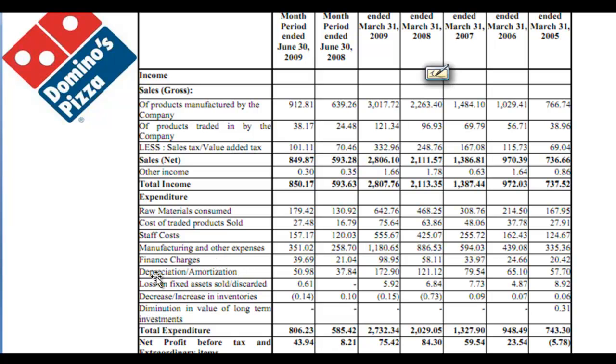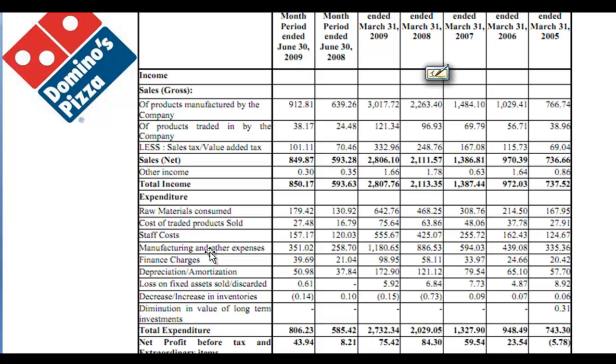So they have clubbed all the expenses into one bucket, and if you note, they have very smartly left out their marketing expenses. Now I don't know why, but if I were to guess, typically for a company like Domino's, anybody can make a fairly decent pizza, but a lot of Domino's strength is in marketing. So they don't want their competitors or somebody else to know how much they're spending on marketing.